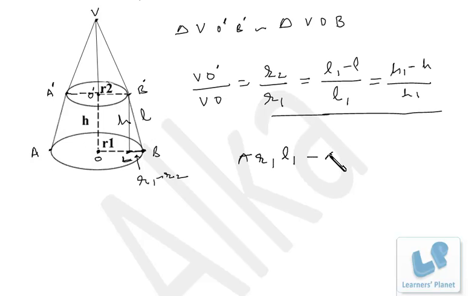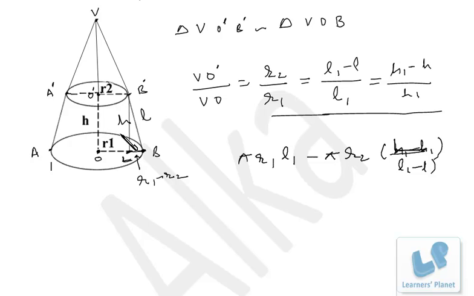So that is pi, radius is r2 and the complete height minus this height. I'm sorry, it's a slant height. So that's L1 minus L. So this is the curved surface area of this frustum.